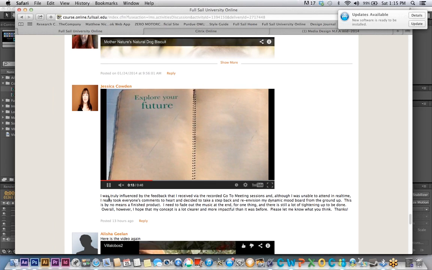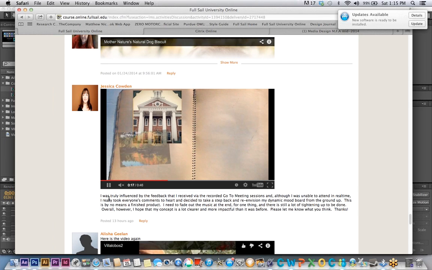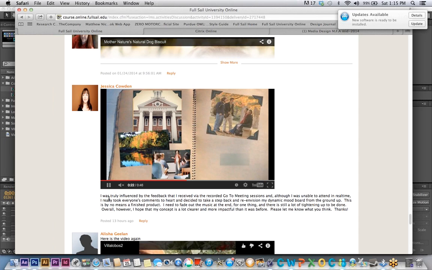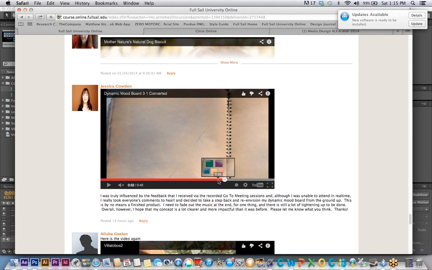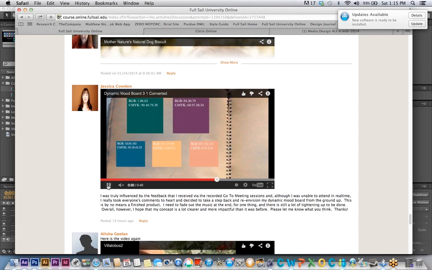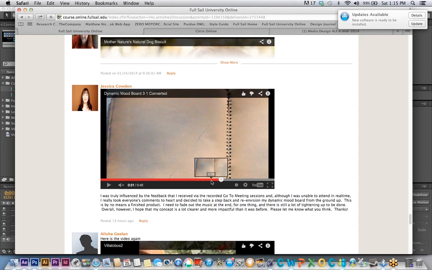Well, she has taken all of the comments that we made and has turned it into a workable, much better presentation. The scrapbook idea she took a lot farther, and then the moving in and moving out of the pictures and the text.